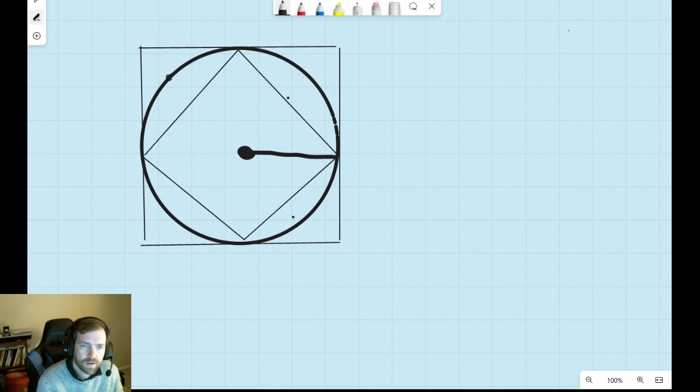So another way we might be able to do this is to find the radius of this square, find out where that point is, and then draw straight lines from the sides of the circle to it.